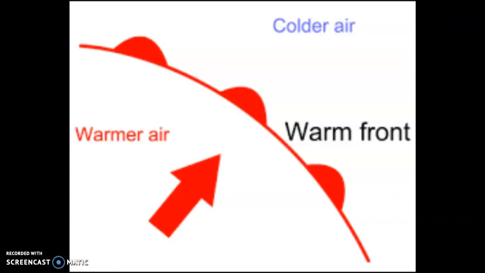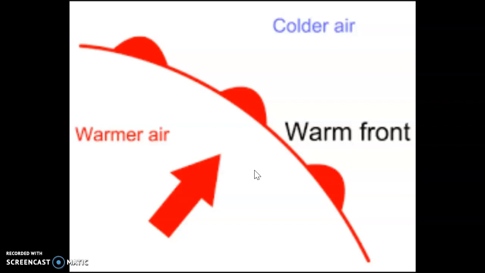Now, with respect to warm fronts, this is the symbol associated with warm fronts. The actual directional movement of this warm front, this kind of semicircle, will be facing the direction it is moving towards. So technically, the arrow also gives us an indication of where the warm front is advancing towards.